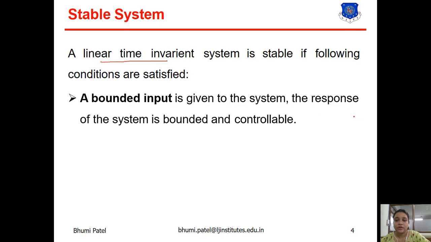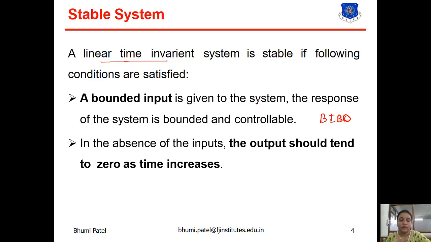So a stable system always follows the BIBO rule. What is BIBO? Bounded input, bounded output. For a bounded input, we get a bounded output. The next condition is that in the absence of inputs, the output should tend to 0 as time increases. If no input is given to the system, the output should tend to 0 as time increases. This is the condition for a stable system.